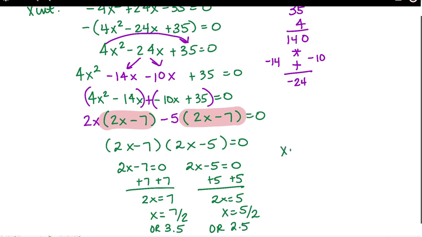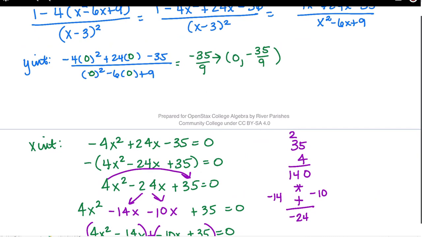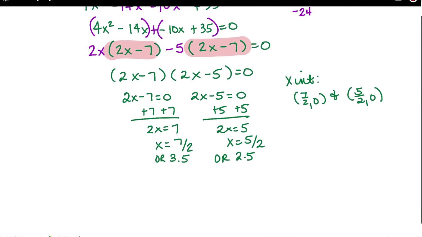So we have the x-intercepts at 7 halves and 0, and 5 halves and 0, or 3.5, 0 and 2.5, 0. So far, we've found the y-intercept, and we found the x-intercepts.